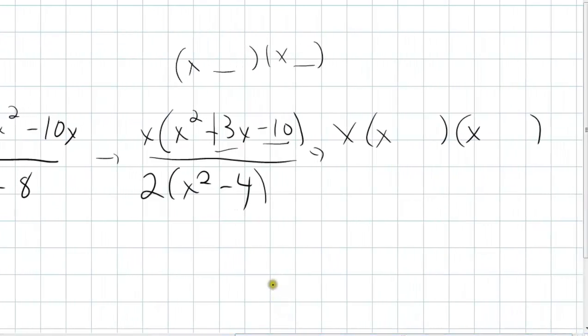That could be negative 2 and 5. So I would say x minus 2 times x plus 5.